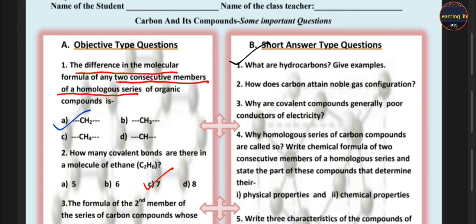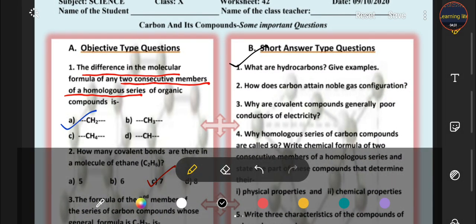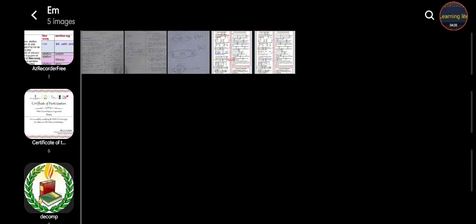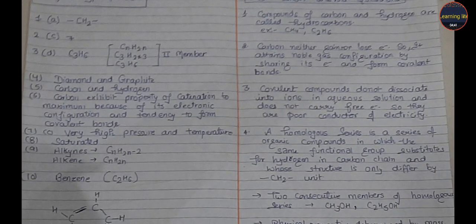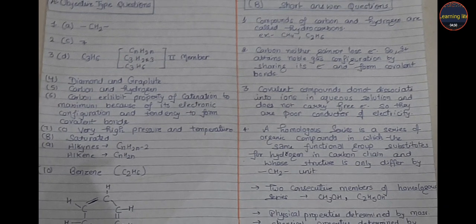Okay, students. So let's move to the solution of the short answer questions. I have already written them for you. So student, these are the answers of the objective questions, short questions, and also for the long questions there are answers.